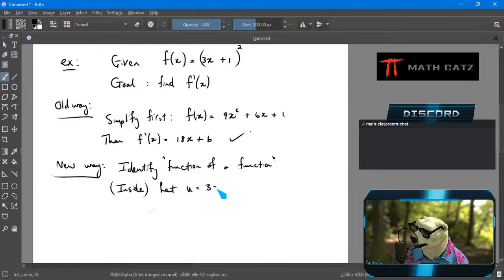It is the obvious 3x plus 1, because the brackets sort of give it away. There's not much choice there. Once I have made that decision, the outside function is kind of fixed to go with it in order to get my original function back. I have no choice. I have to have a u squared.